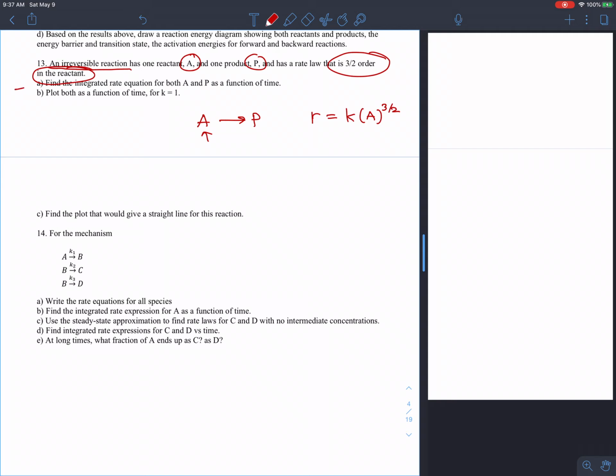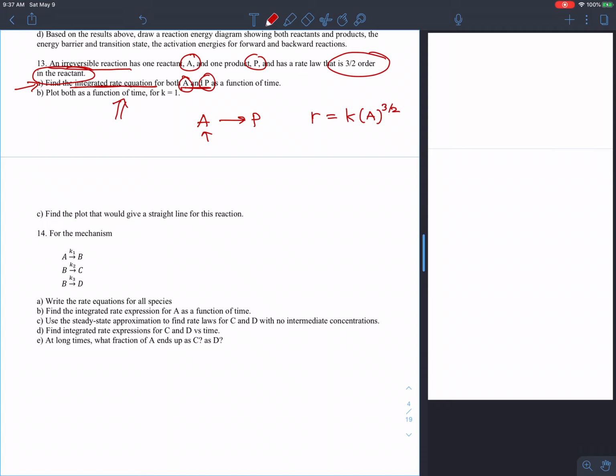And then it asks that we find the integrated rate equation for the A goes to P reaction for both A and for P. So we're going to find how A and P vary versus time. And then the problem says to plot how those things look as a function of time.